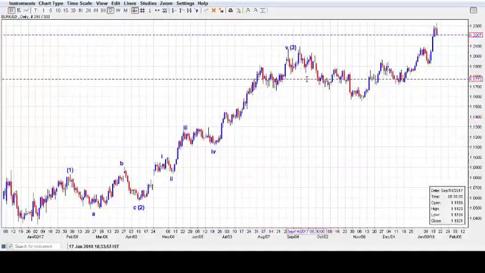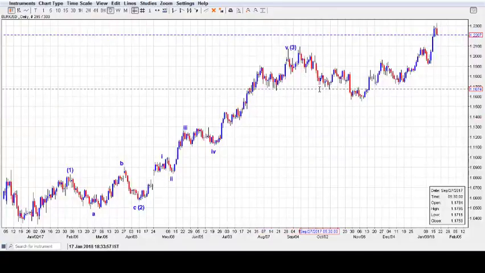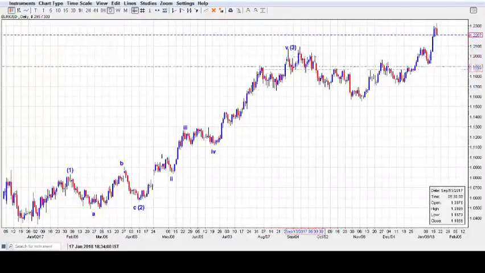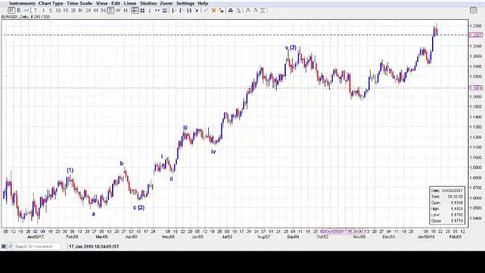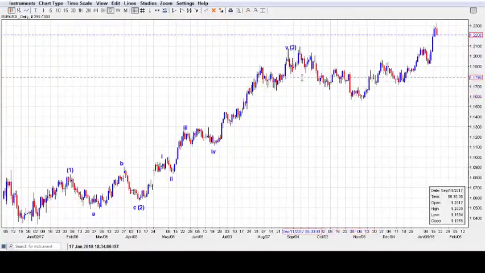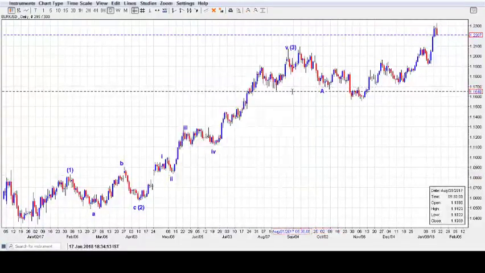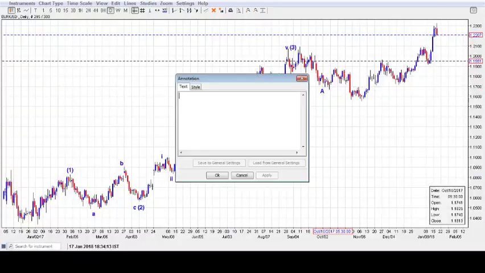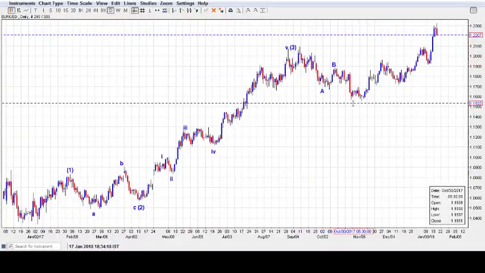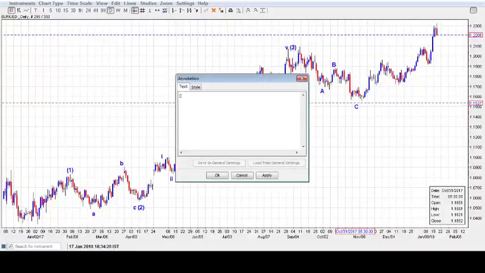Wave 3, a double zigzag, 535 and X 535. To simplify, I'd like to say A, B and C, the wave 4.